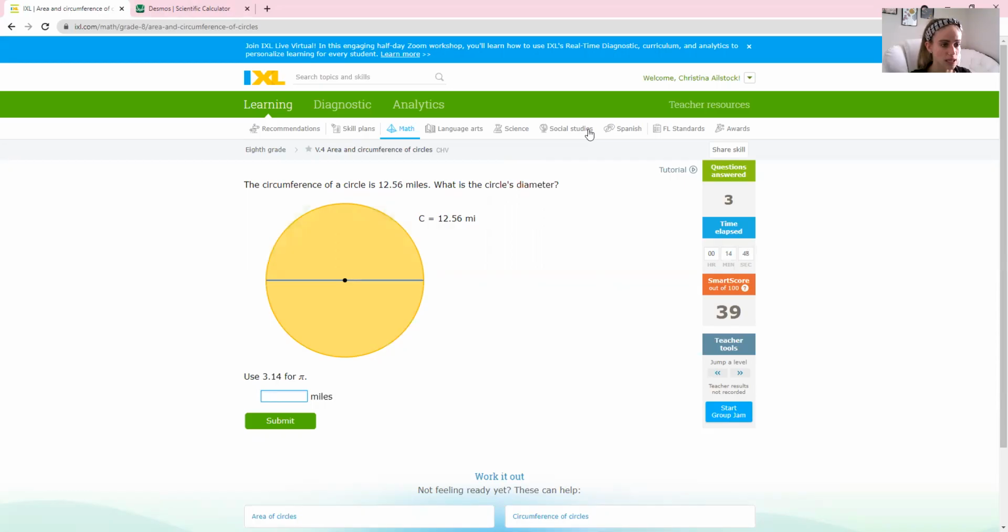So what I'm noticing is the information I'm given is the circumference, and I'm being asked to find the diameter. So the formula I want to use is the circumference formula with the diameter. So C is equal to pi times diameter. Once again, we're using 3.14 for pi.